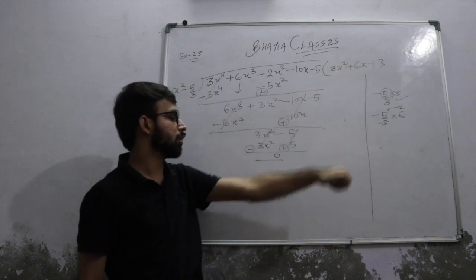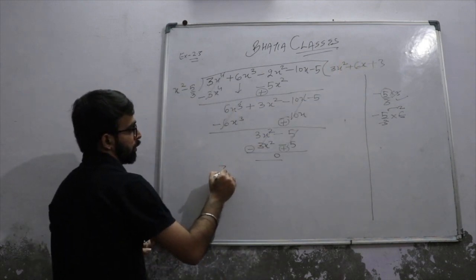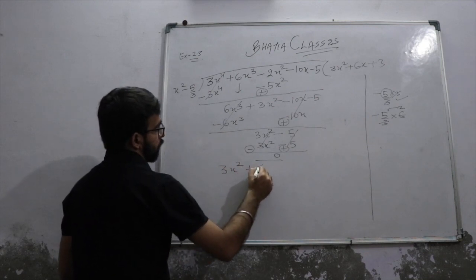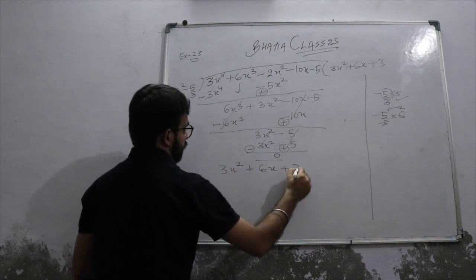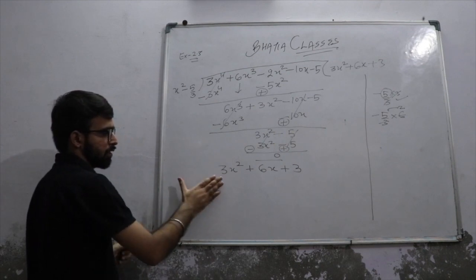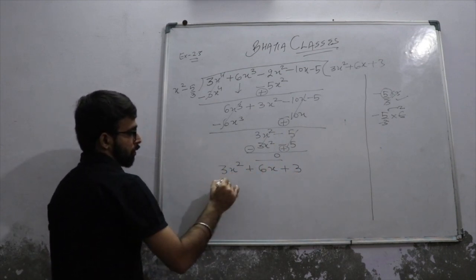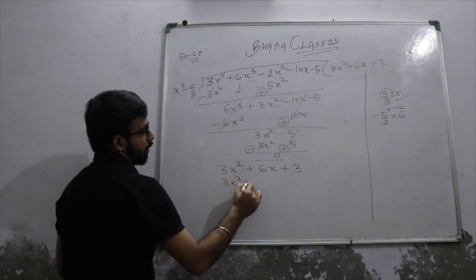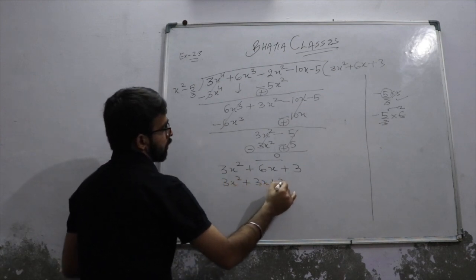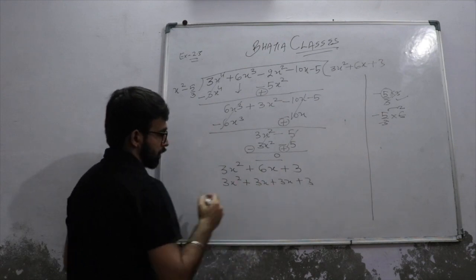a quadratic equation. We have to break or split it. 3x square plus 6x plus 3. This equation is very easy. 3 multiply 3, 9. The splitting factors are 3x plus 3x plus 3.